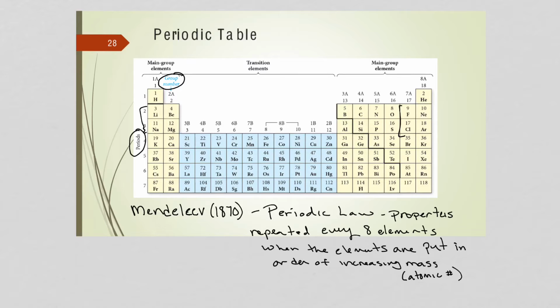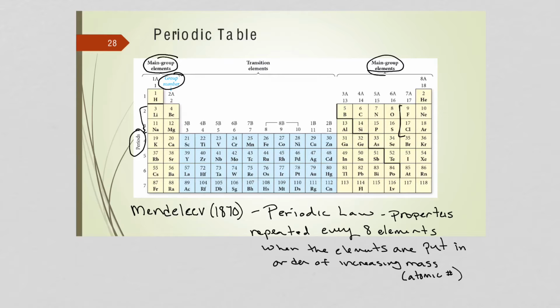And you'll notice there's a couple different sets of numbers on here. And that is because we have 2 groups of elements in the periodic table. We have what are called the main group elements, which I might refer to as the tall parts of the periodic table. These are elements that follow very closely this periodic trend.